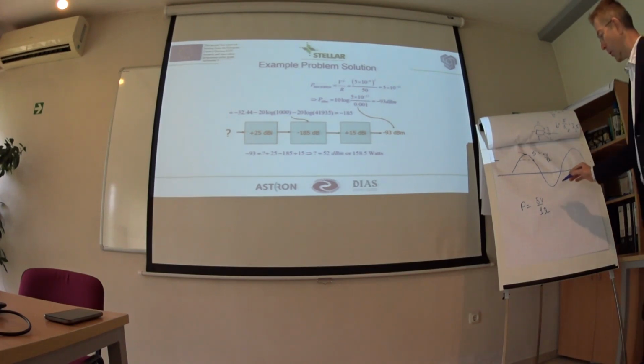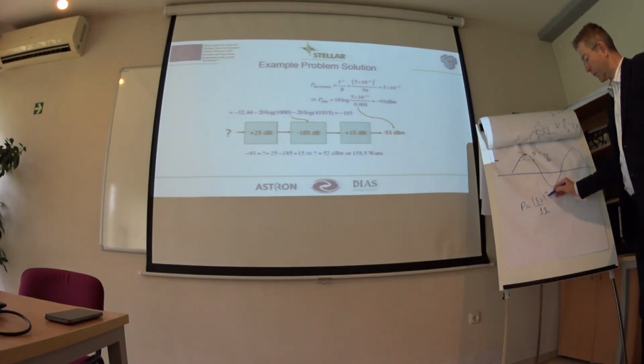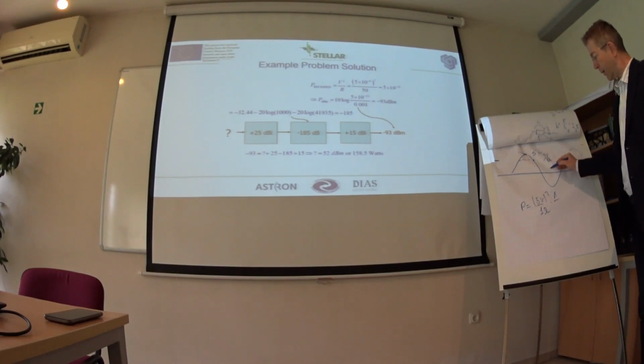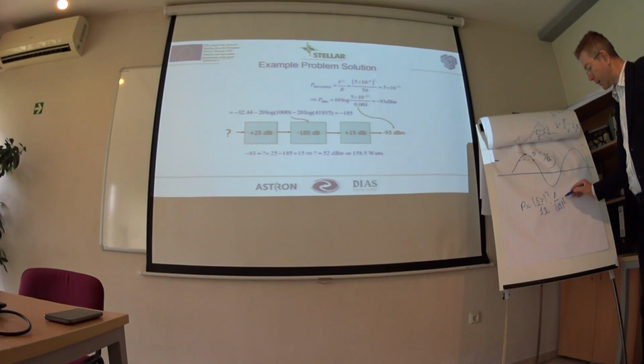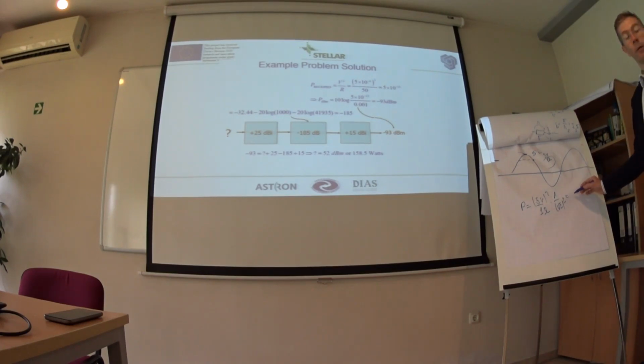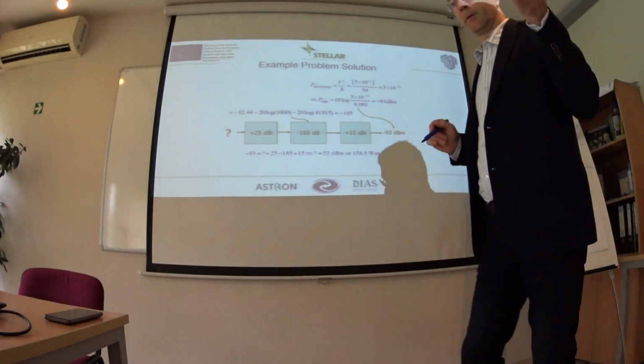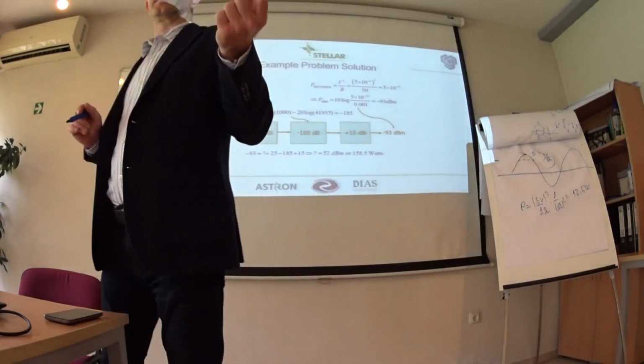So we take the square root of this and multiply it by square root of 2 squared, and we will get 12.5 watts over a resistor of 1 ohm.